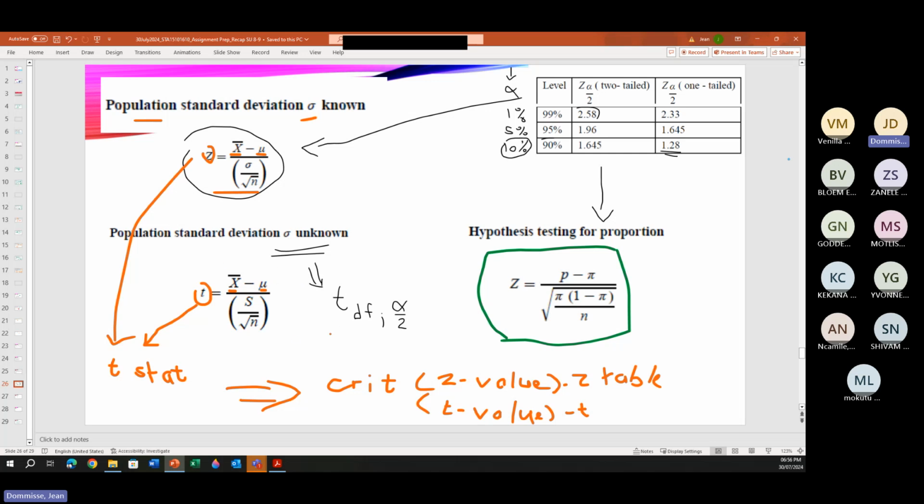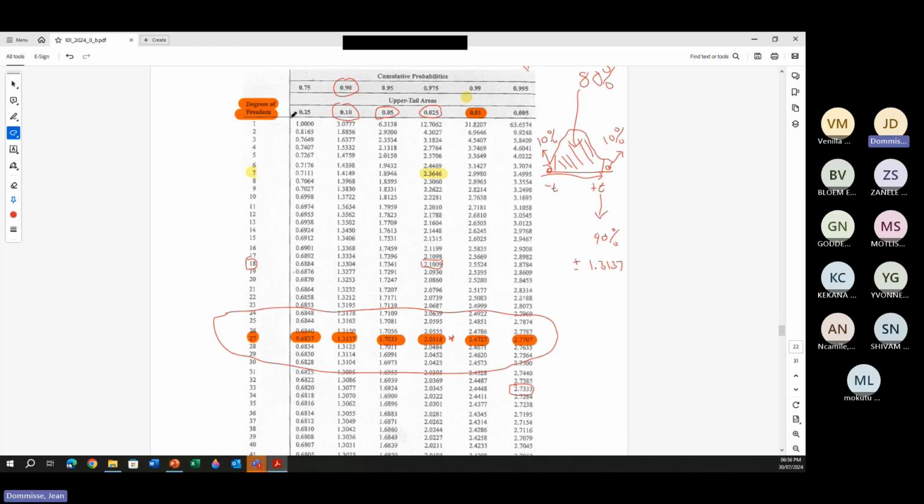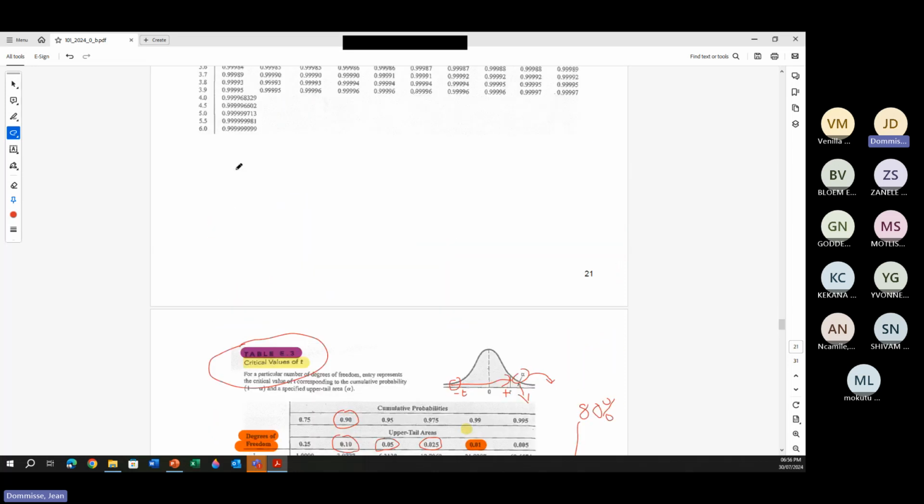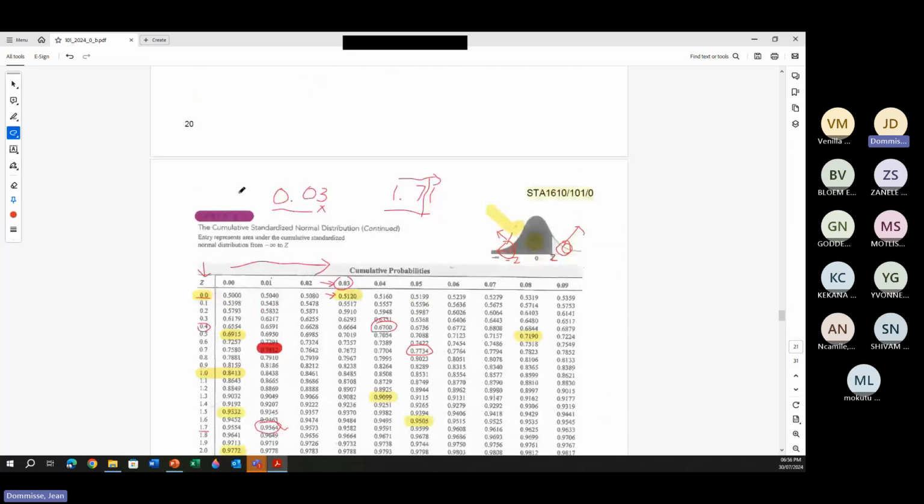The only thing that changes with hypothesis testing is what we test it against. Do we test it against a t-value table, or do we test it against the Z table? So that is nearly the more important thing, what do we test it against.